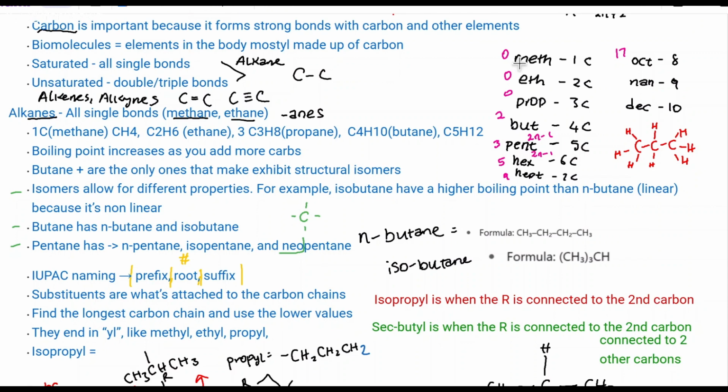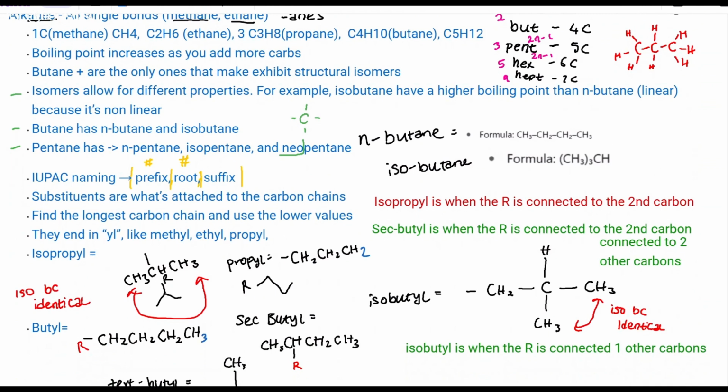So methane has 1 carbon, so it's meth, and then the suffix ane. And then the prefix is usually also another number, so like where the substituents are attached to, if you have substituents. And substituents is a key term. Substituents. It's a key term, and it just means the things that are attached to the chain.